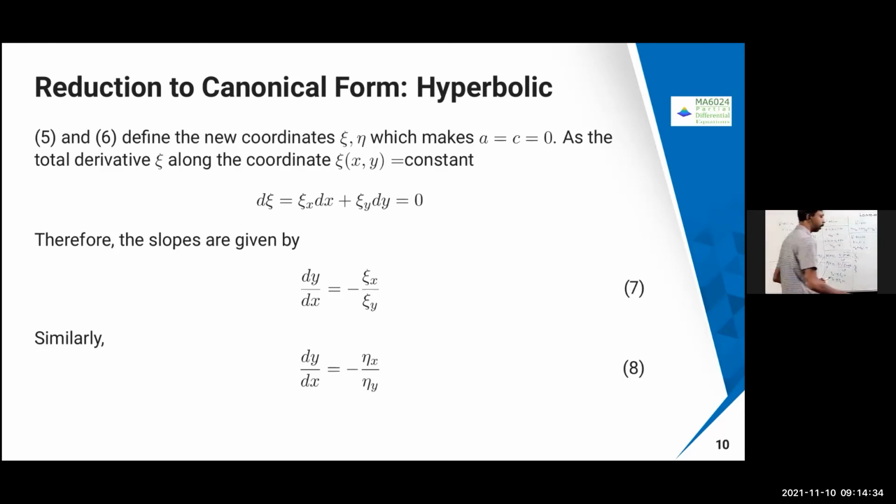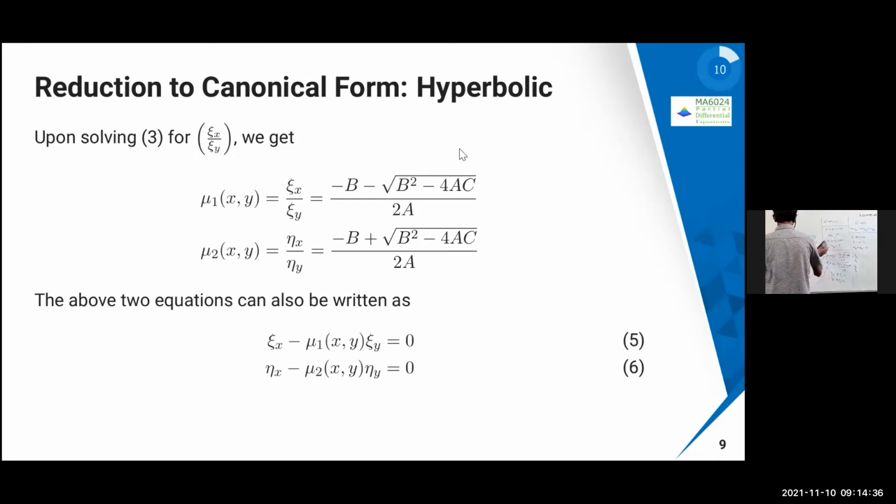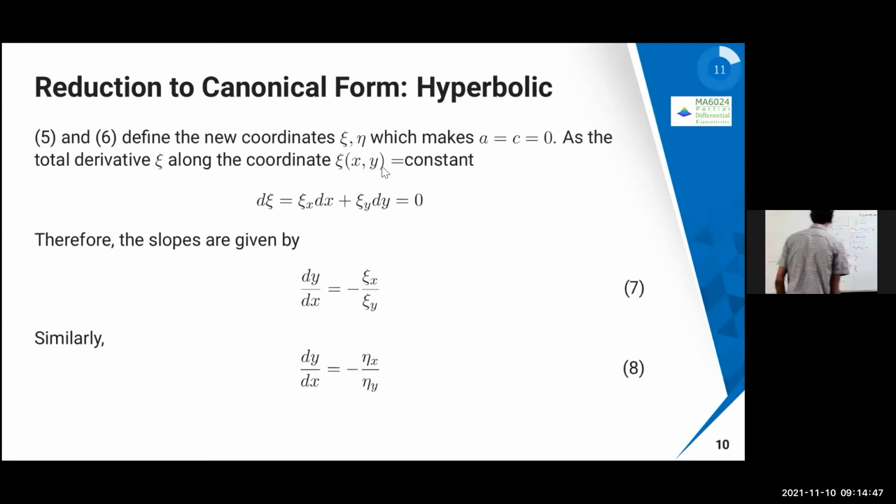So let me erase this. What is the total derivative of chi? Let us see. D chi is written as chi x dx plus chi y dy. Suppose this total derivative is 0, then the same thing as in the characteristic method is going to come.